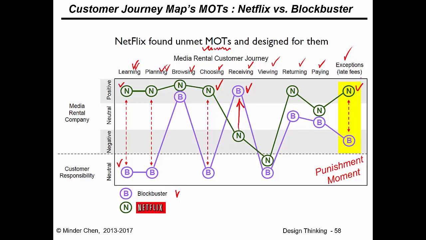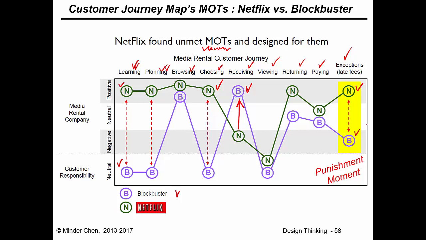With Netflix, actually, there's no late fee, because you need to return the movie that you rented before you can rent another one, so you will never be charged a late fee. For Blockbuster, if you're late in returning the DVD, there will be a very expensive late fee.